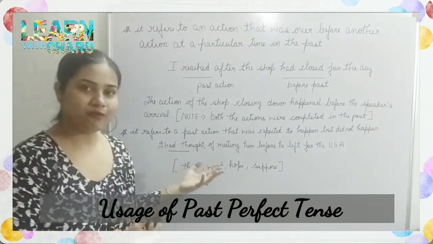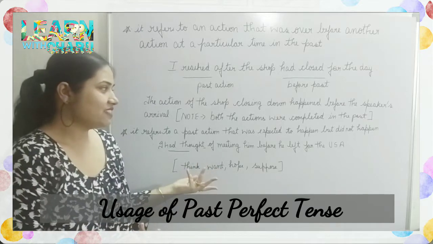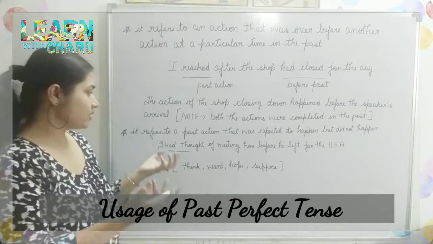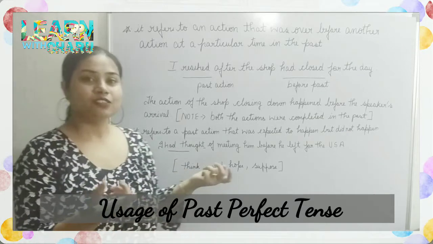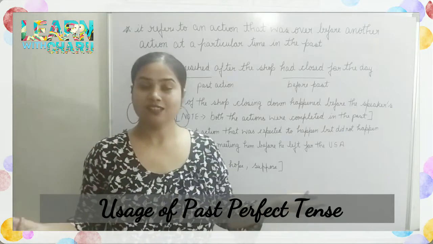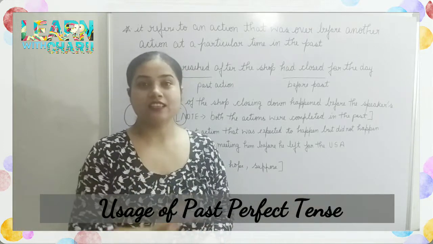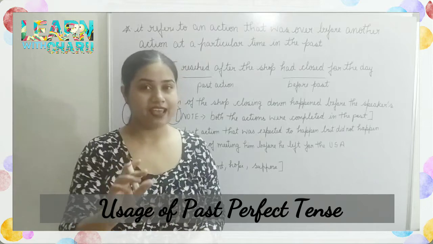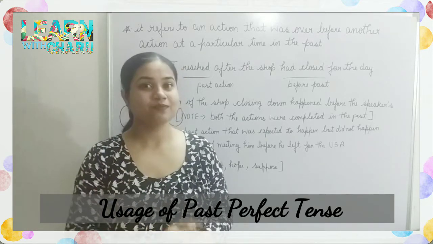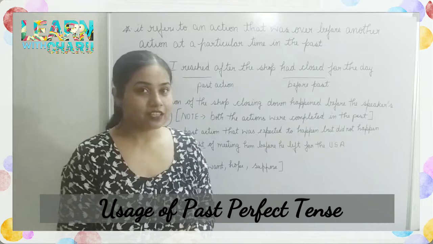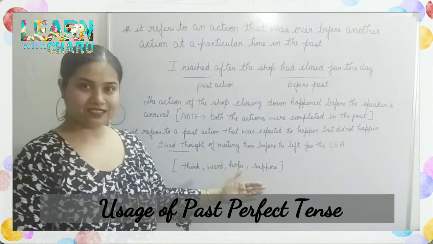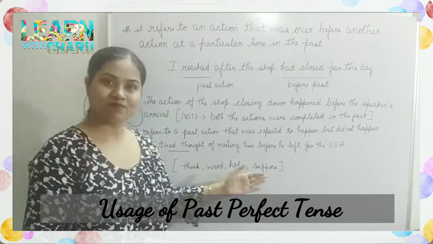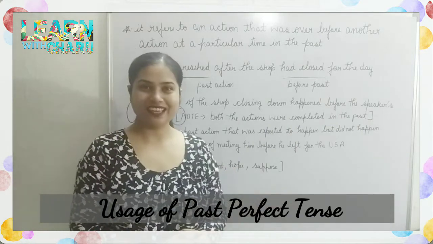That he was thought of meeting. But this action didn't happen. So something was expected here to happen but did not happen. And in this tense, if you want to indicate an expected action, you can use such verbs like think, want, hope, suppose. Okay?